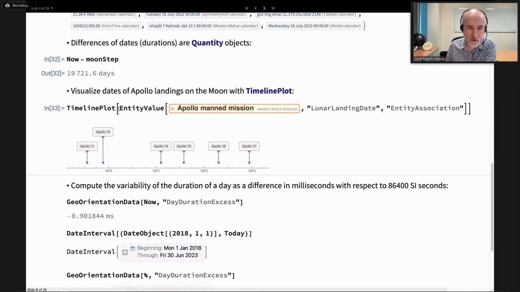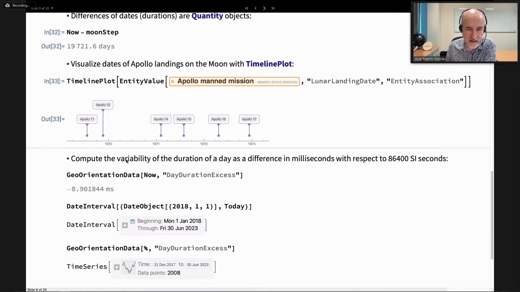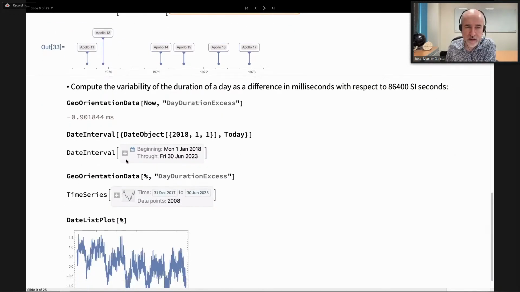We have functions to visualize dates specifically, and we also have several functions to have very fine control on the properties of time. Like, for example, is every rotation of the Earth exactly a day, 86,400 seconds?